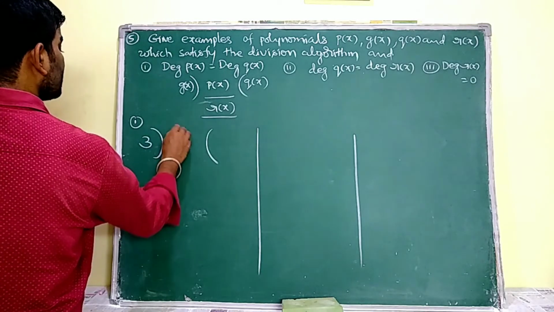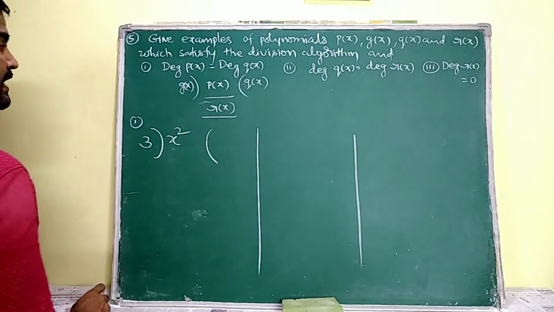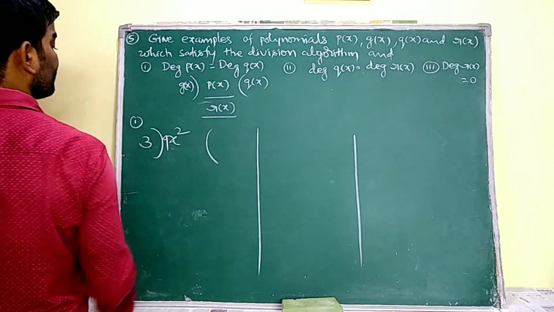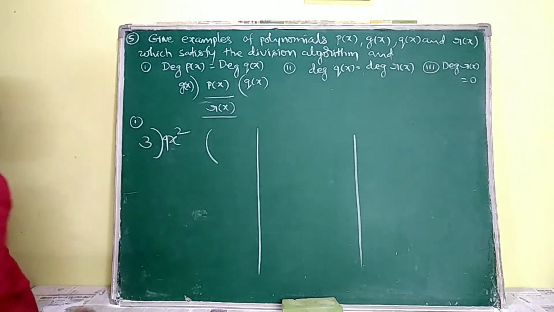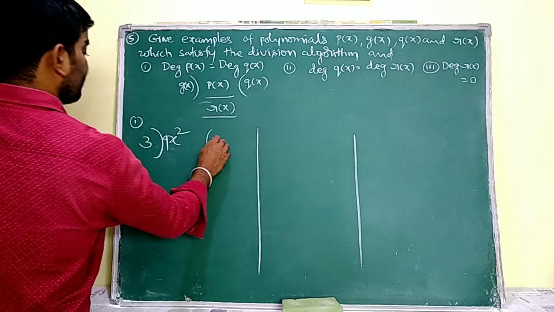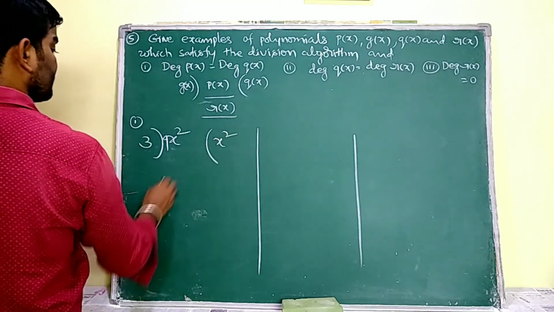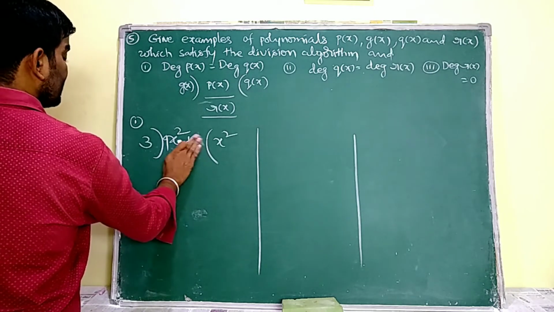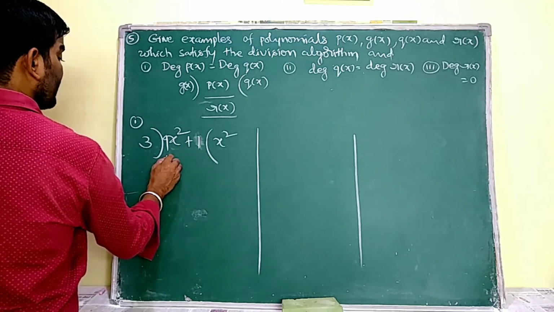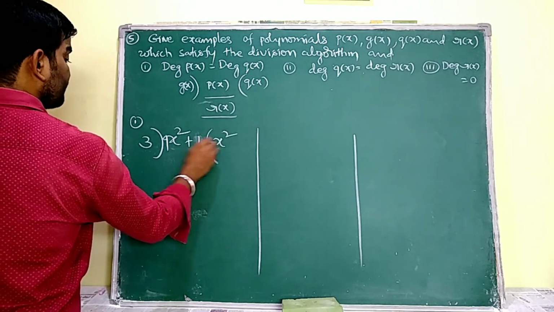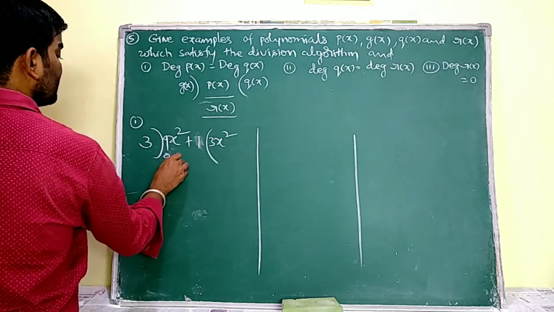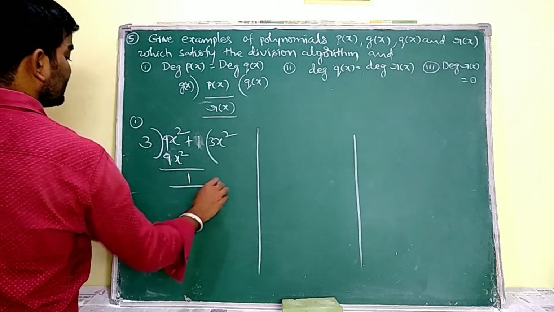Here I am going to write x square, and 9x square as the p of x. Then definitely this q of x is x square, and I am going to write some constant here, let us suppose it is 1. Then 3x square is 9x square. Then your remainder is 1.